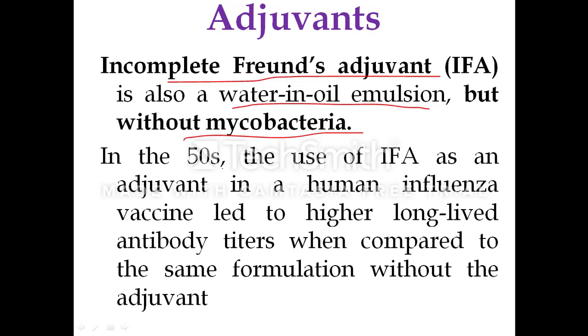In the 1950s, the use of incomplete Freund's adjuvant in a human influenza vaccine led to a higher, long-lived antibody titer. When the human influenza vaccine was developed, the antigen was mixed with the incomplete Freund's adjuvant, and that showed a long-lived antibody titer when compared to the same formulation without the adjuvant.